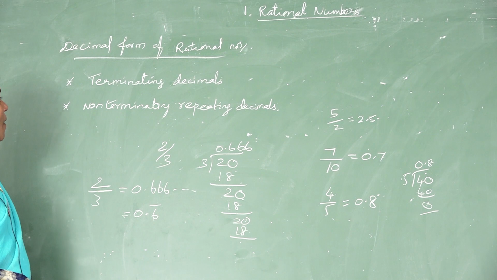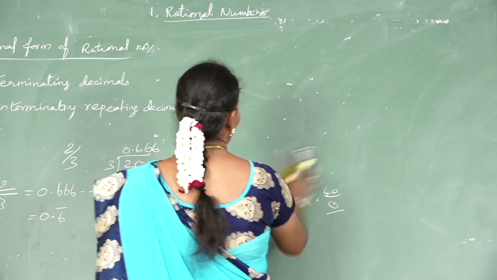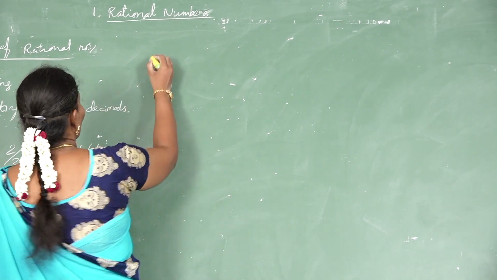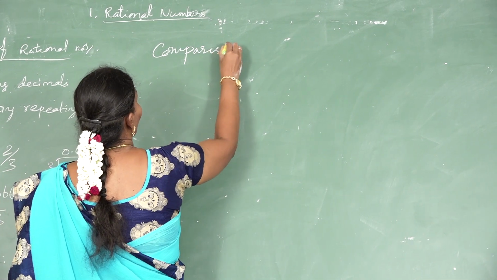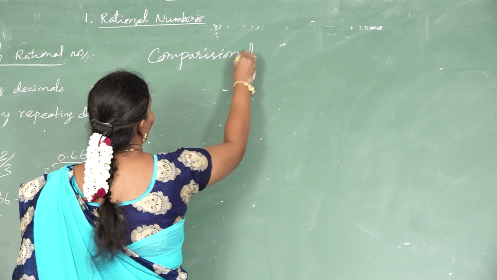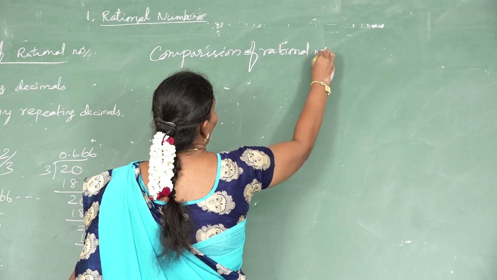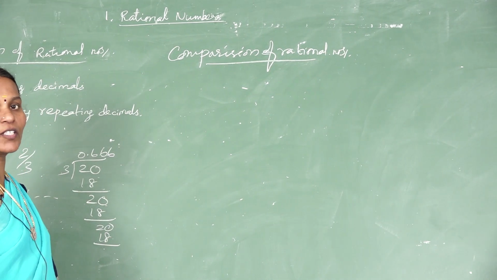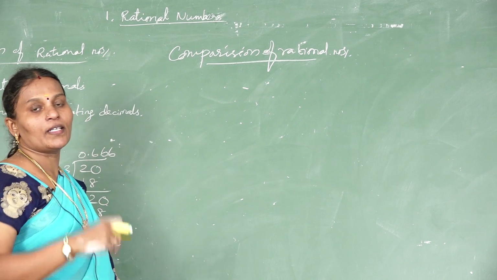Okay. Now we see the next heading: comparison of rational numbers. Okay, how do you compare two rational numbers?